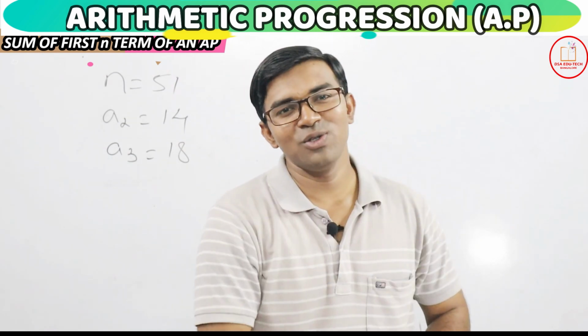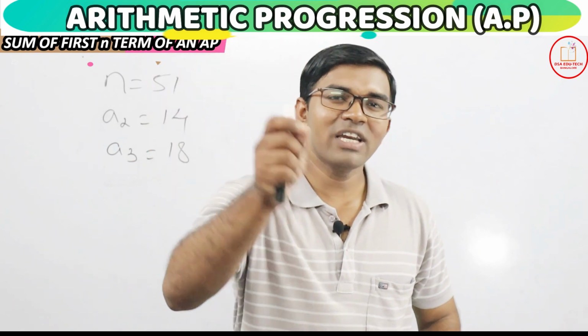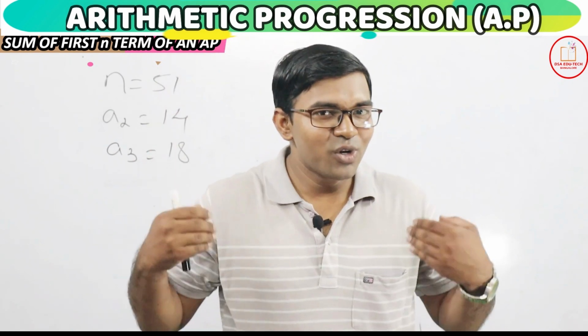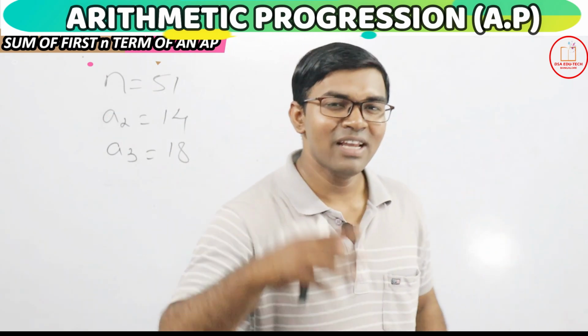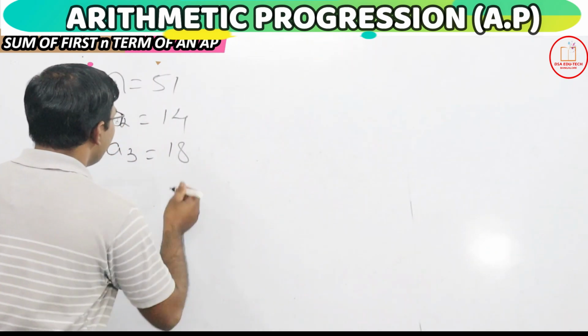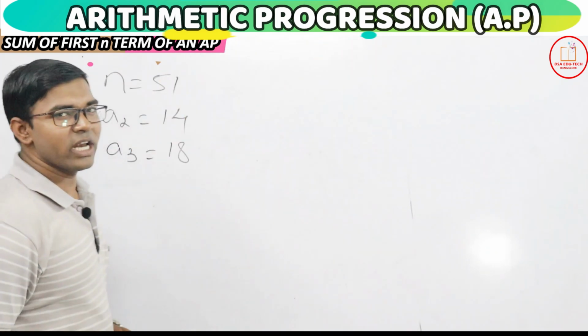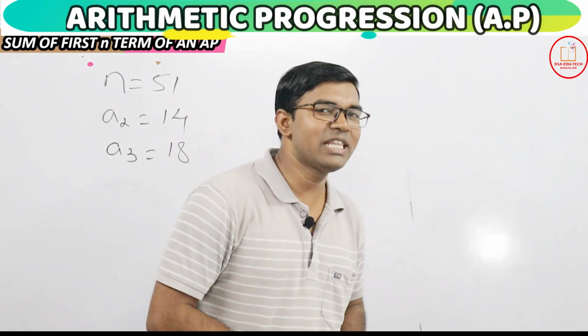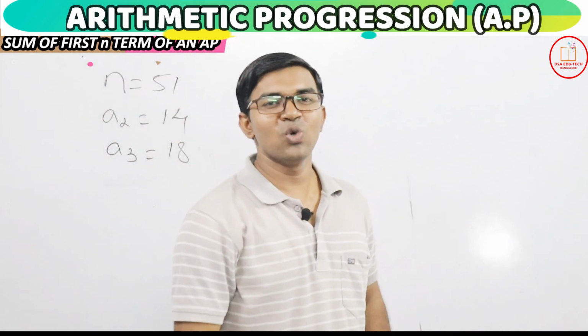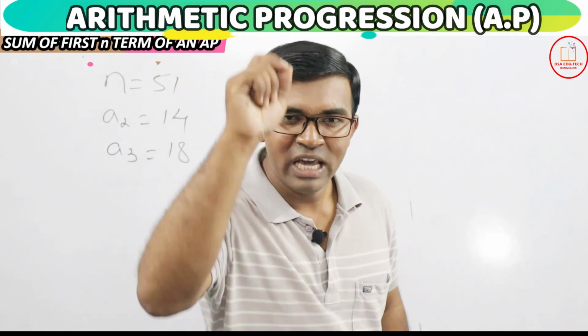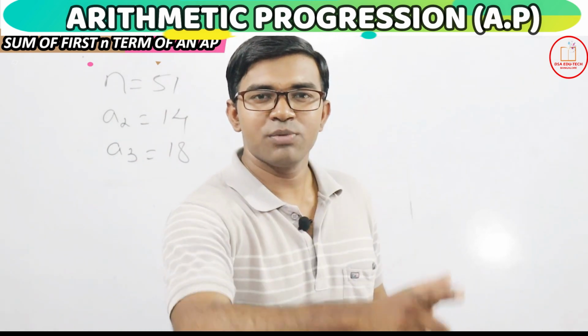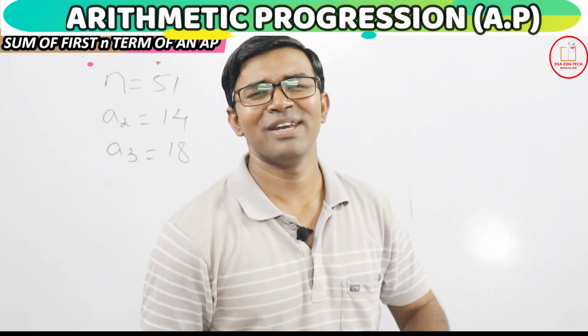But they have not given you the value of A or the value of D. So I will utilize these two given data, A2 and A3, find the value of A and D, and then substitute and find the sum of the AP, right?